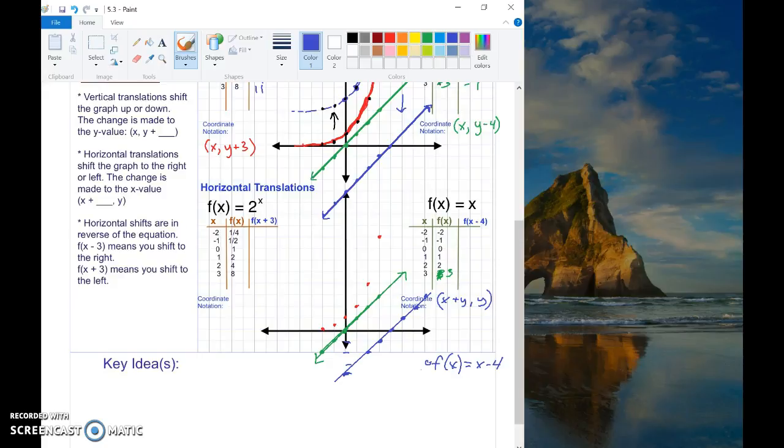I'm going to move it to the left 3, so instead of being negative 2, it becomes negative 5, and it's still going to be 1/4. I should have done that over here as well, but I didn't. So I'm going to go 1, 2, 3, 4, 5. That would be that one. And then I'm going to take this point and move it 1, 2, 3.